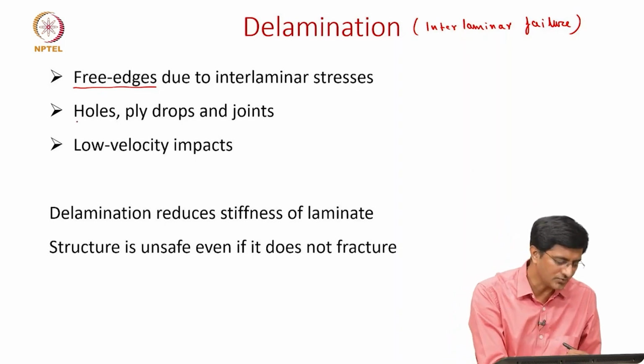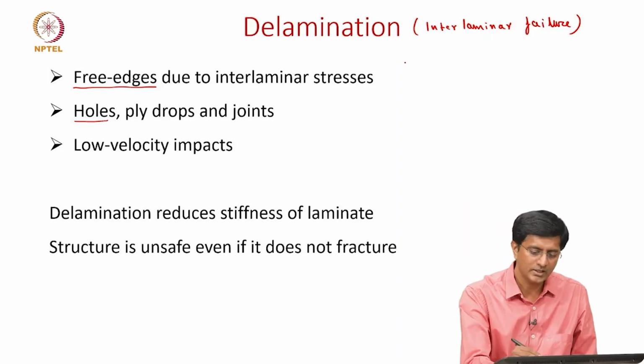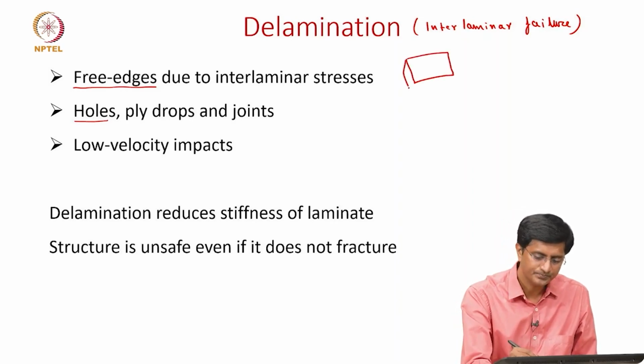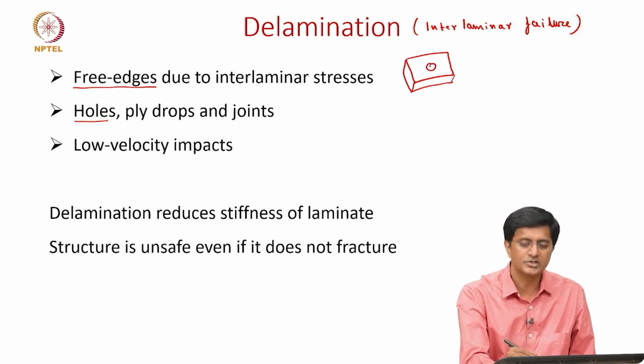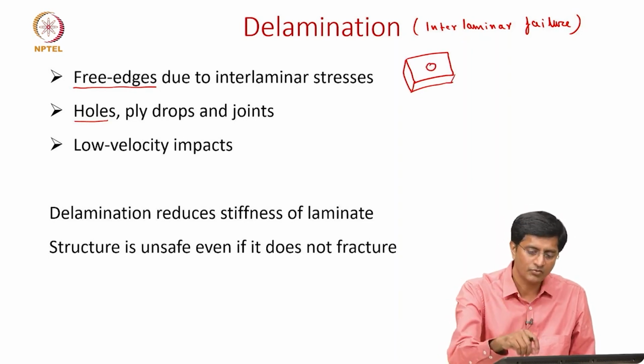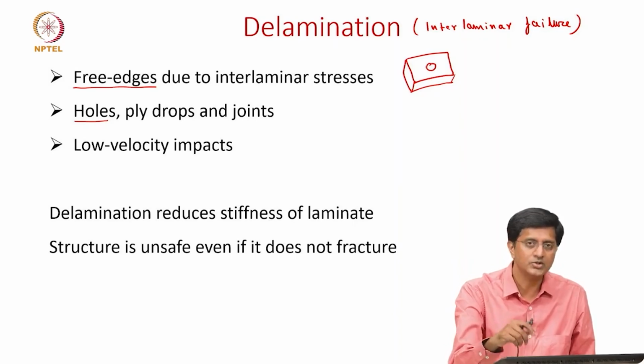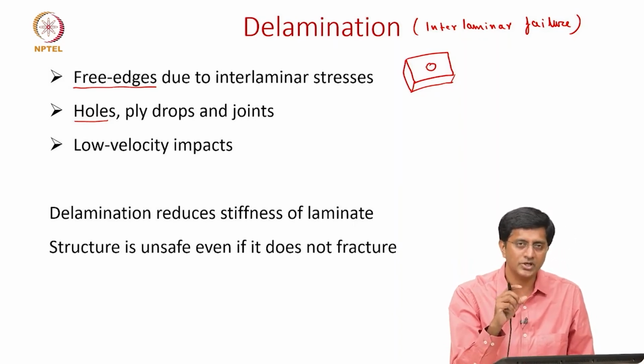There are other places where it delaminates, such as close to holes. Let's say in a laminate there is a hole drilled at the center. While drilling this hole, there is a good chance that one can create delaminations if the drilling is not done properly.